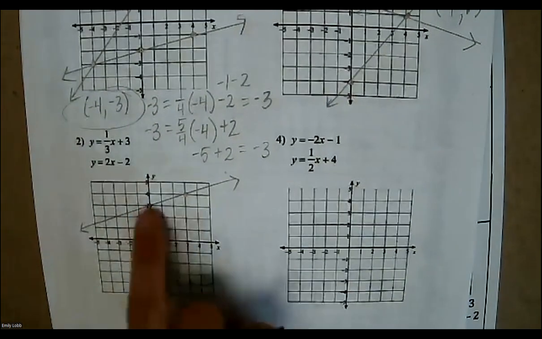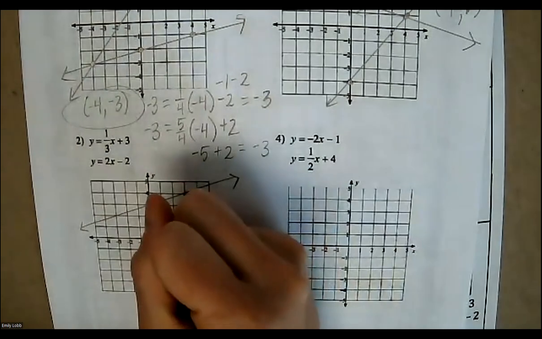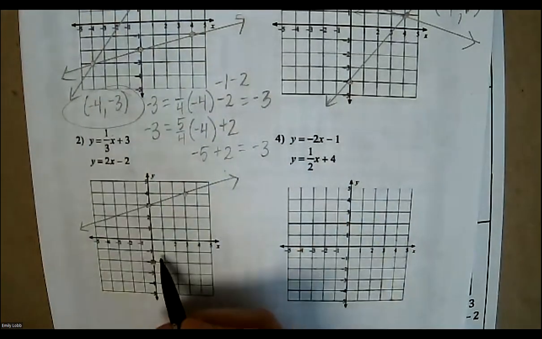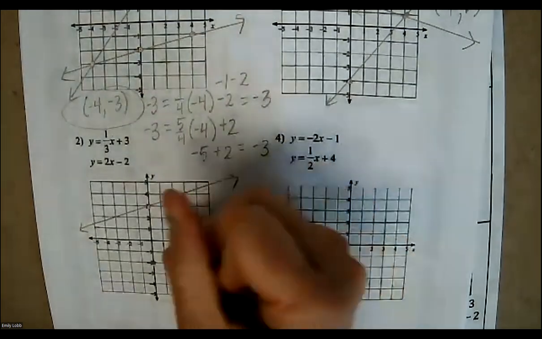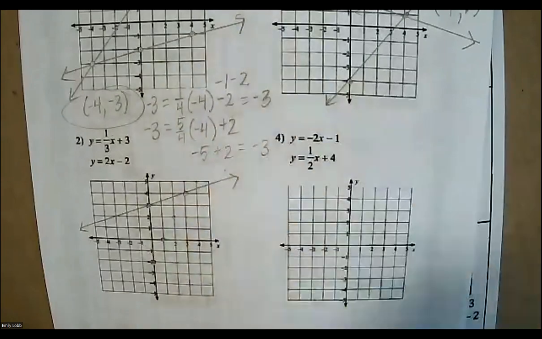And then we're going to start with our next line, -2. And this time our slope is +2. So we're going up 2 over 1, up 2 over 1, up 2 over 1.